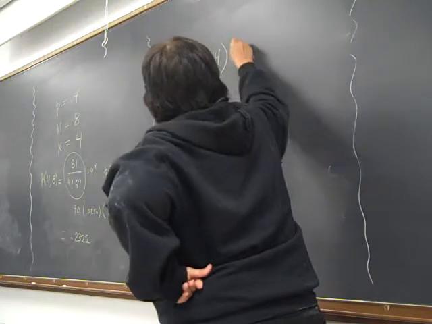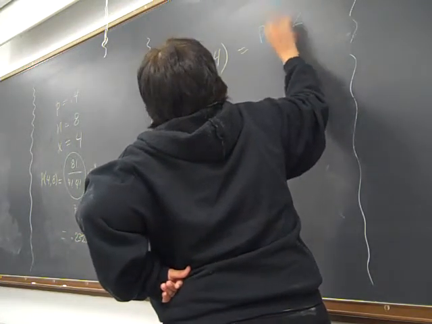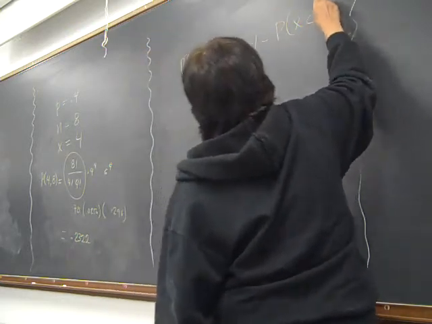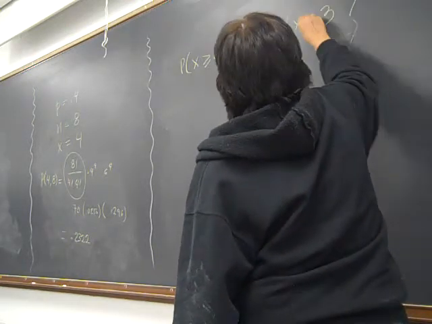Okay? And that is equal to 1 minus the probability that x is less or equal than 3.